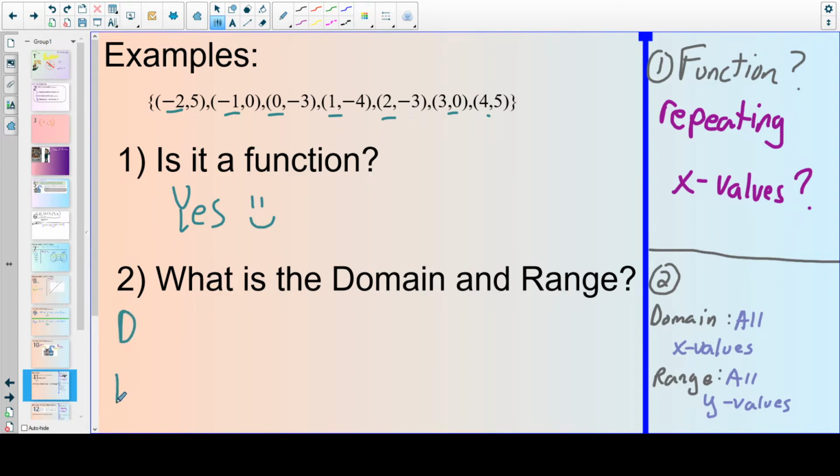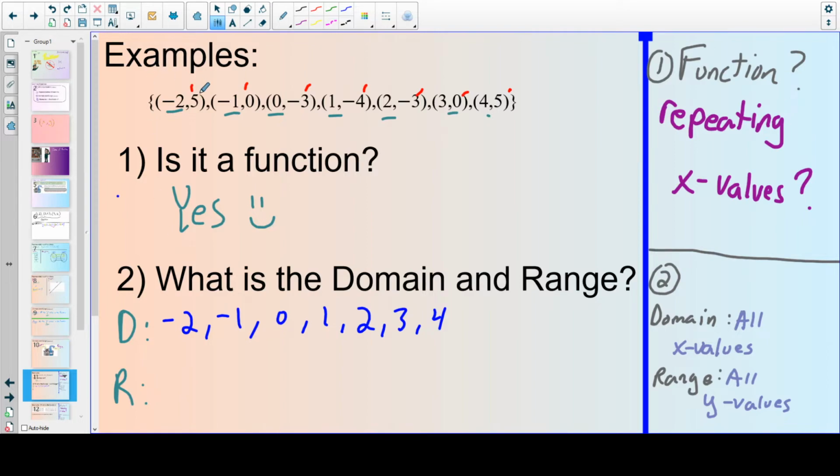Now I want to know what's the domain and the range. So the domain, remember, is all of the x values. So what are all the x values in this function? Well, we said it before. It's -2, -1, 0, 1, 2, 3, and 4. And what's the range? The range is all the y values. So you're literally just going to list all of these y values.